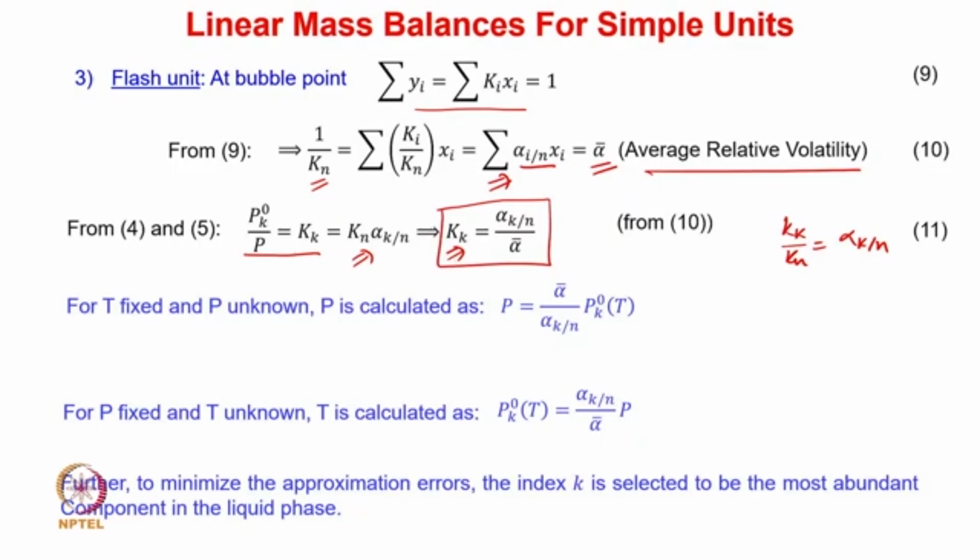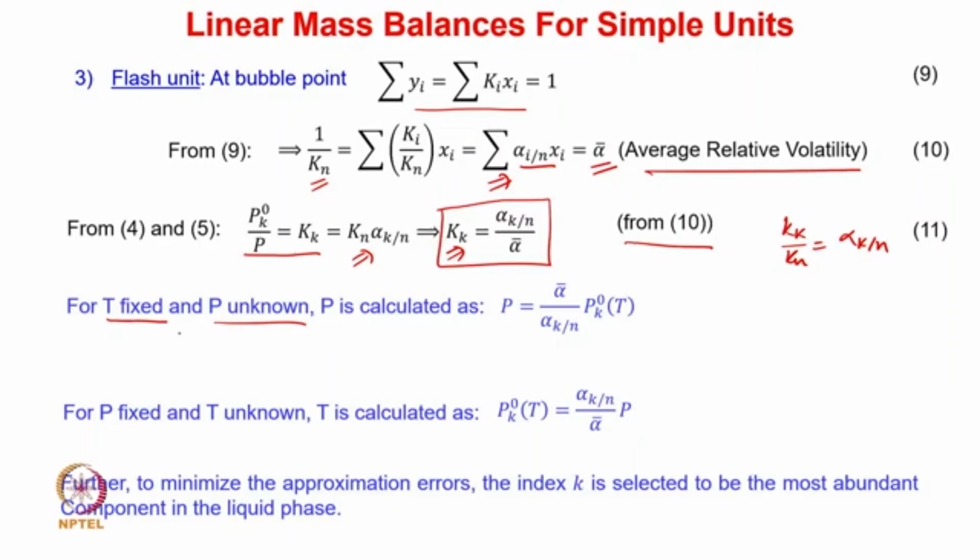Okay, so now once we have got this equation 10, we can interchangeably find out pressure, temperature and the split fraction here. So let's say zeta is fixed, and once zeta is fixed, then either T has to be fixed or P has to be fixed.